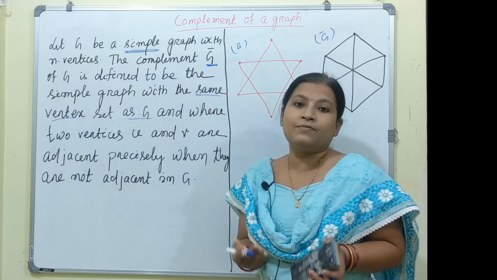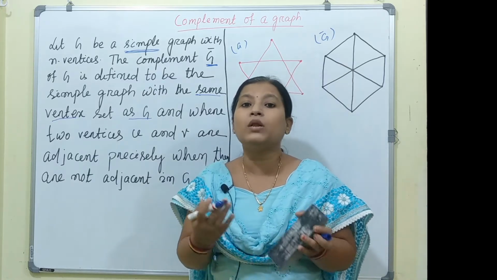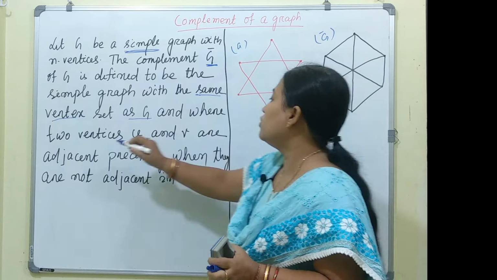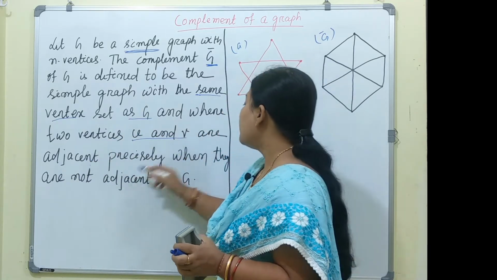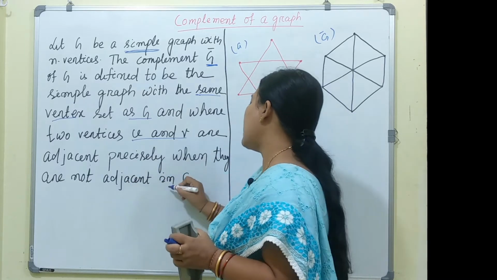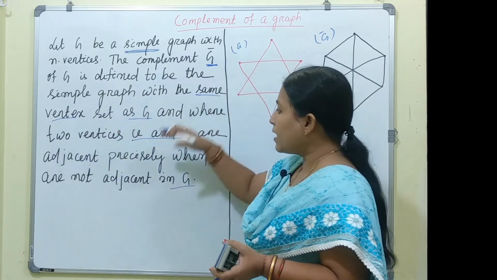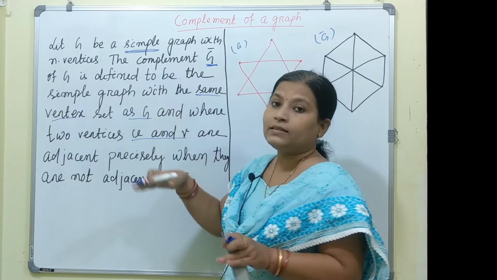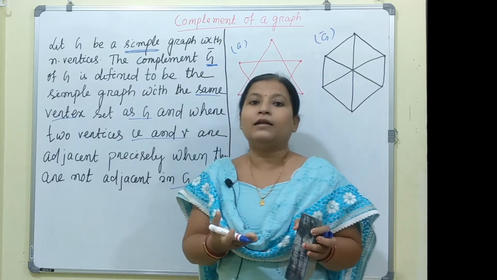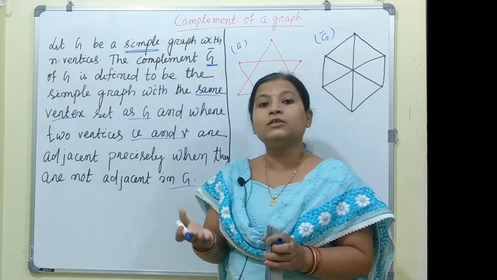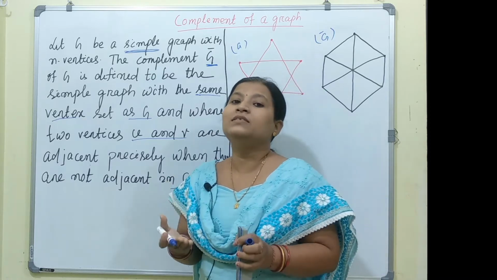So G and G bar have the same vertex set and both are simple graphs, where two vertices U and V are adjacent precisely when they are not adjacent in G. So if U and V are adjacent in G, then U and V are not adjacent in G bar, and if U and V are not adjacent in G bar, then U and V are adjacent in G.